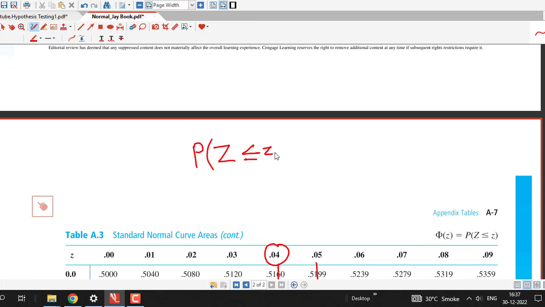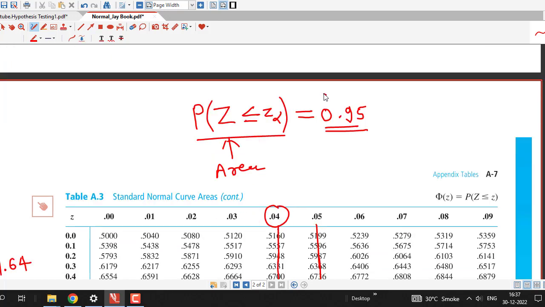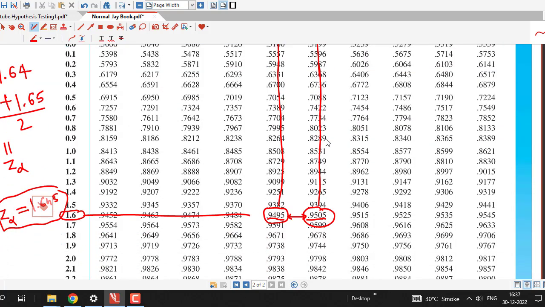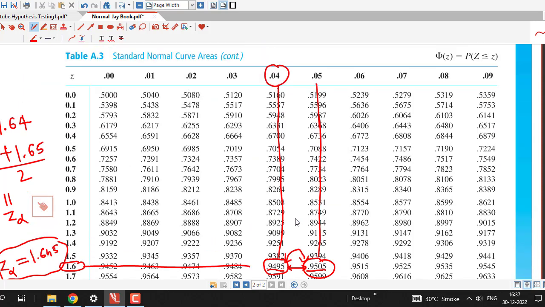In this way we decide the critical value of Z, which is Z alpha. We are interested in the value of Z alpha such that the probability that Z is less than or equal to Z alpha is 0.95. This is nothing but the area values in this table. So first we search for 0.95 in this table, and we find that these two values are very close to 0.95. From this we find the value of Z corresponding to these two values.